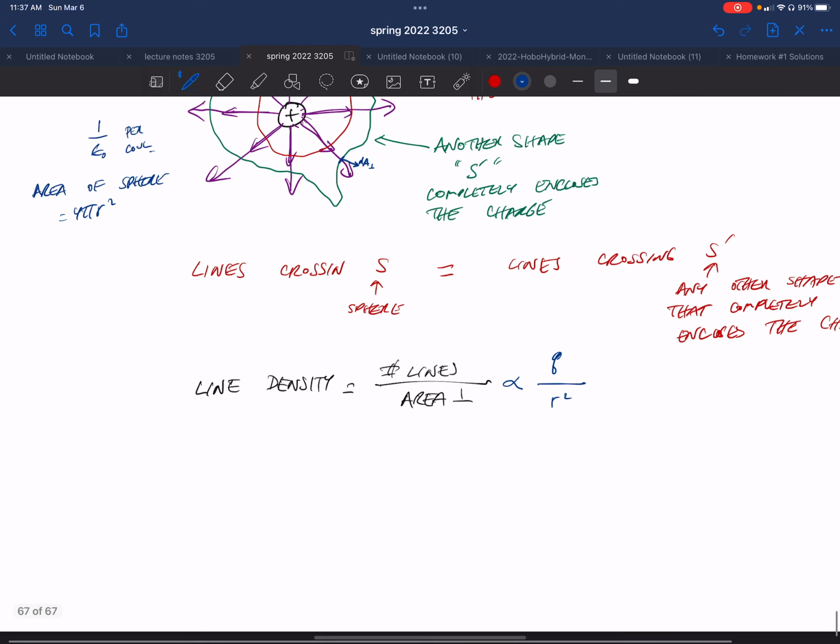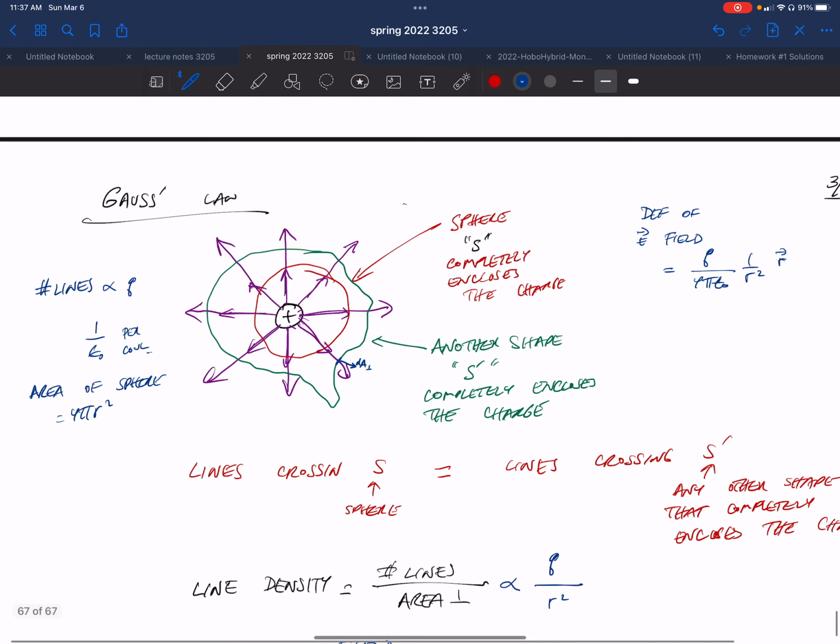So we can say the electric field's magnitude is proportional to Q and inversely proportional to r squared.